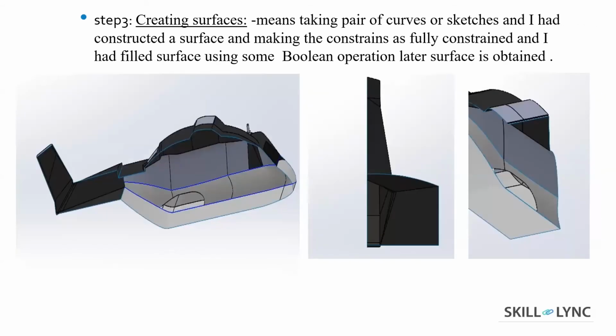After creating the curves, the next step was creating the surfaces with multiple surface types, like filled surface, trim surface, and other surfaces, and I also used some Boolean operations for this.